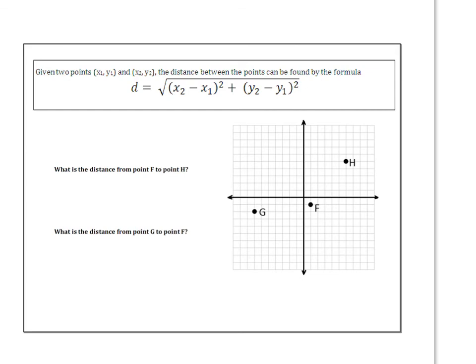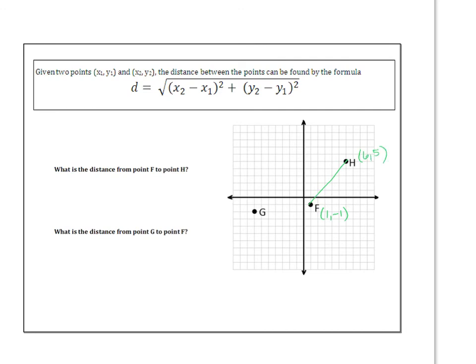So first, we're going to try to find the distance from point F to point H. How far is that? Now you can see we can't just count it because it's diagonally across squares. So you can't just count the number of squares. F was located at 1, -1. H was located at 6, 5.